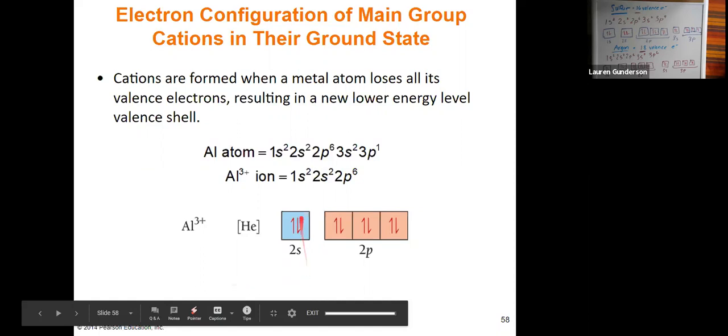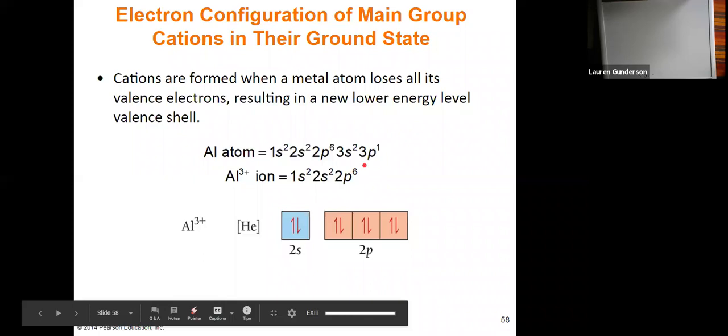your cations. What we're going to do to write the electron configurations for cations is first look at the charge of the ion that we want to form. So we're looking at aluminum here, and we want to write the configuration for an aluminum 3+ ion.